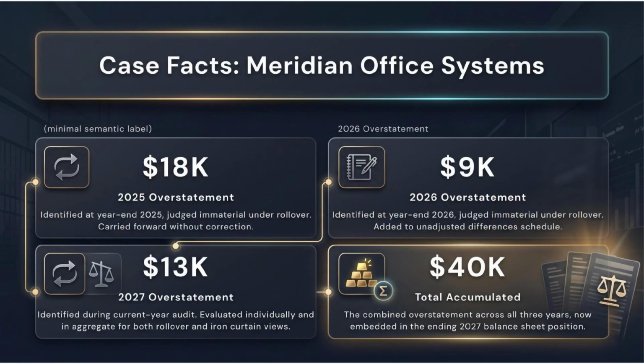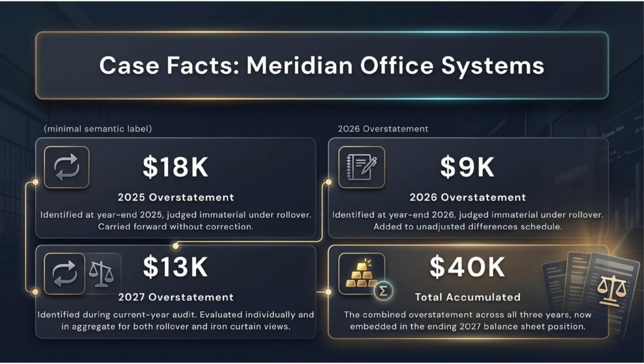Now let us apply this using Meridian Office Systems, a fictional company. During the 2027 audit, auditors identify that a service cost accrual has been overstated across 3 years. The overstatement was $18,000 in 2025, $9,000 in 2026, and $13,000 in 2027.